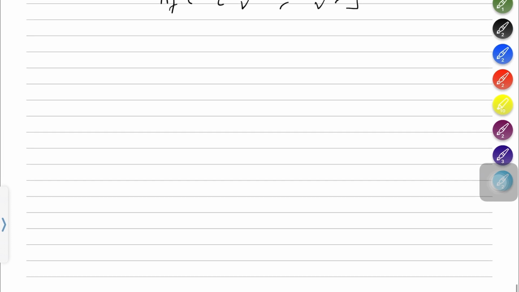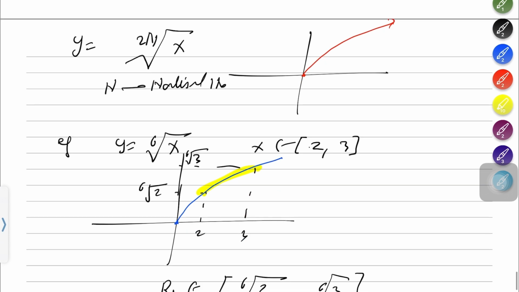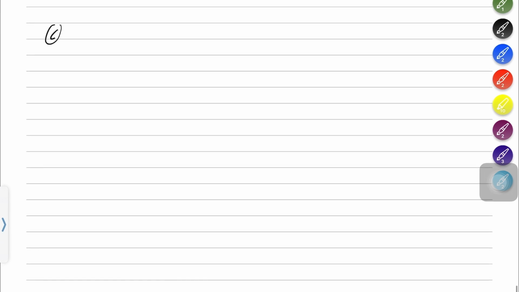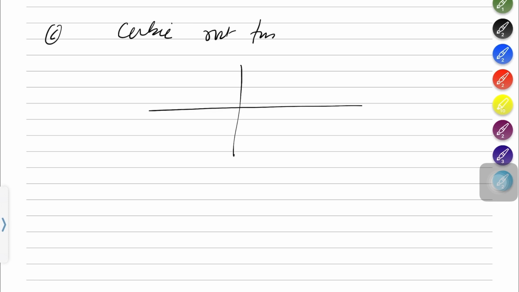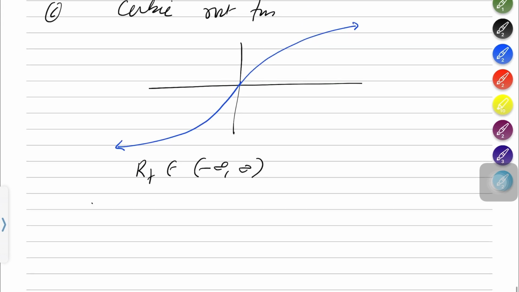Similarly, let's talk about the cubic root function. The cubic root function will look like this. It goes to plus infinity, and it goes to minus infinity. So in this case the range of the function will be minus infinity to plus infinity, and I can extend it.